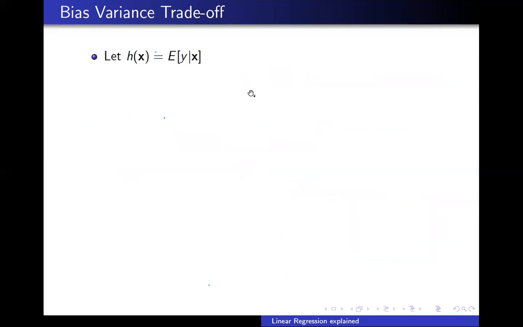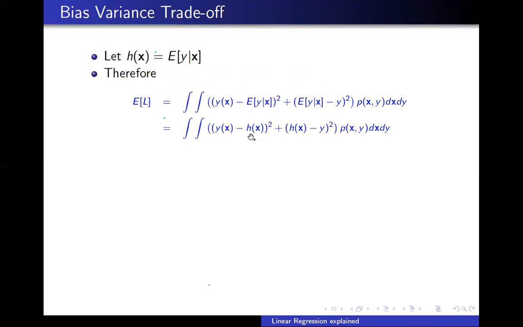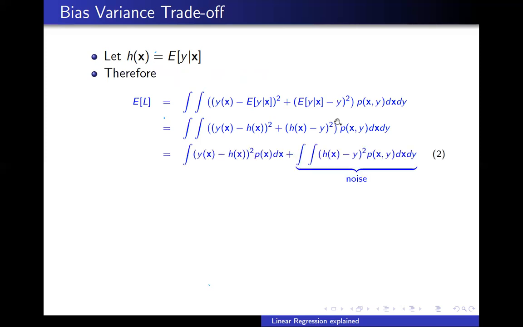Now to make our representation a little easier, let's call this conditional expectation, a function of x, h of x. That means we can now write this simply as y of x minus h of x, squared, plus h of x minus y, squared, because we have seen that the cross product terms become 0. Let's separate these out.